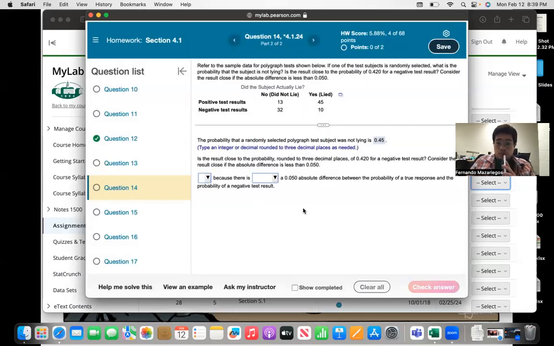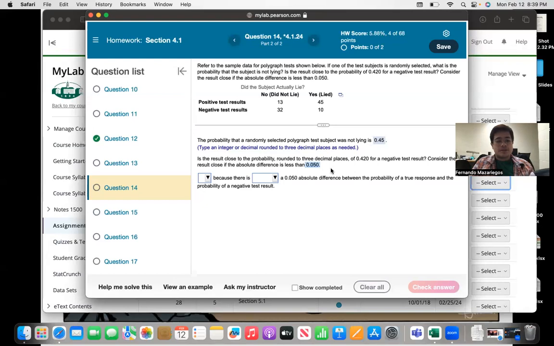And is the result close? They are telling us that for it to be close, the absolute difference has to be less than 0.050. So let's calculate this absolute difference. Remember, difference means subtraction, and absolute means we want it to be positive. So let's subtract 0.45 minus 0.42.